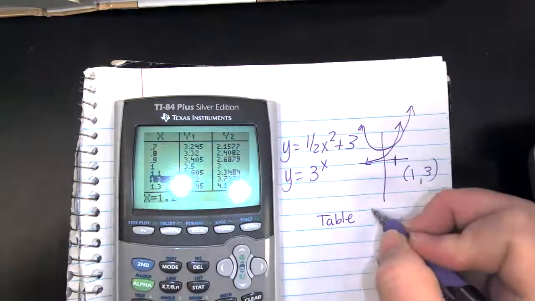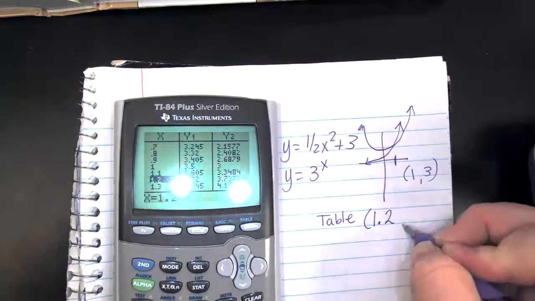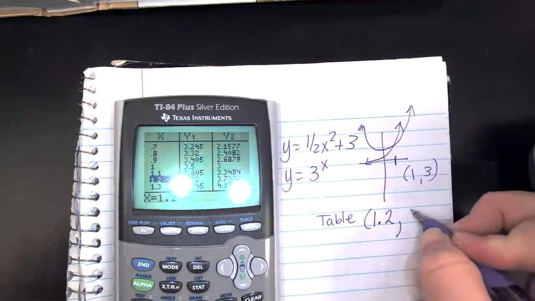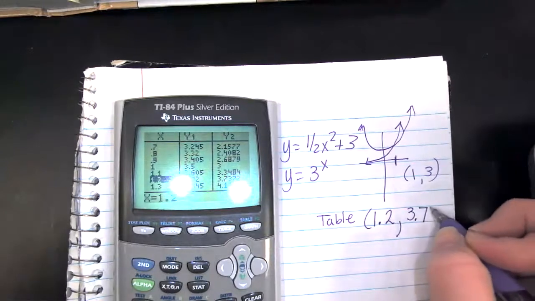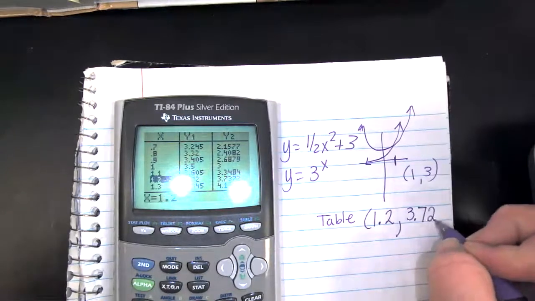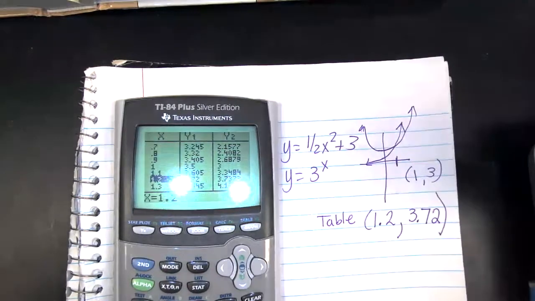So my guesstimate is 1.2, comma, 3.72, I'm going to guess. So that would be my best guesstimate.